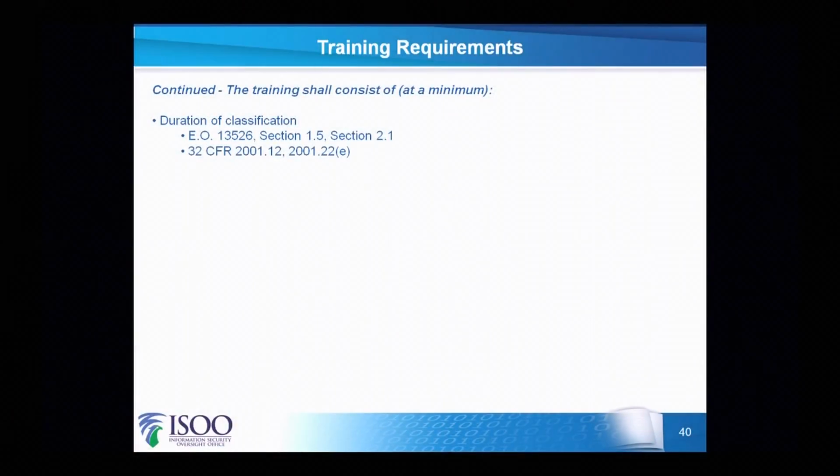Original classification, 32 CFR 2001.12 states the exact same thing as the executive order does, that the OCA shall establish a specific date or event for declassification up to 25 years.